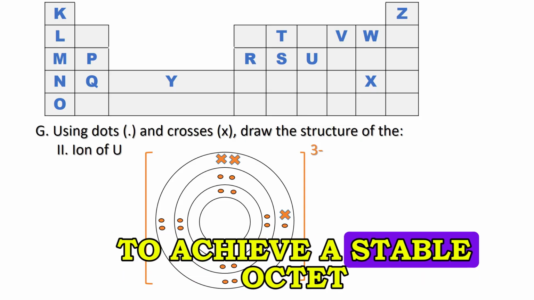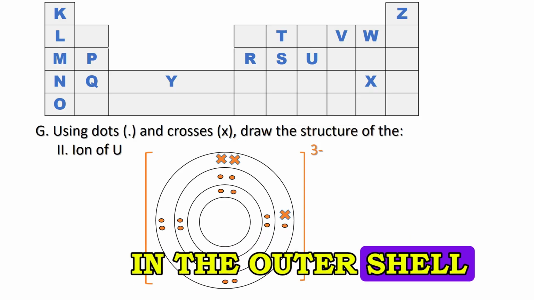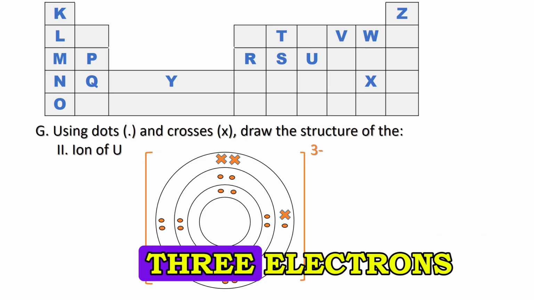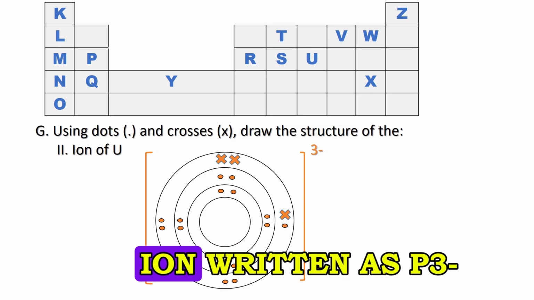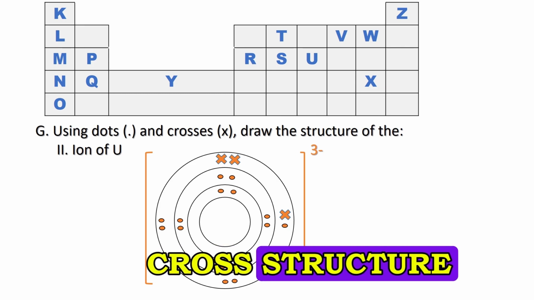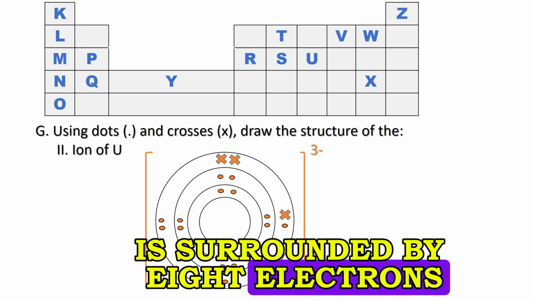To achieve a stable octet, that is, 8 electrons in the outer shell, phosphorus needs to gain 3 electrons. When it does, it forms the phosphide ion, written as P3-. In the dot and cross structure, you'll notice that the phosphorus atom is surrounded by 8 electrons.